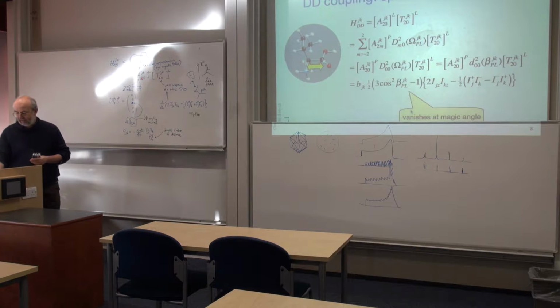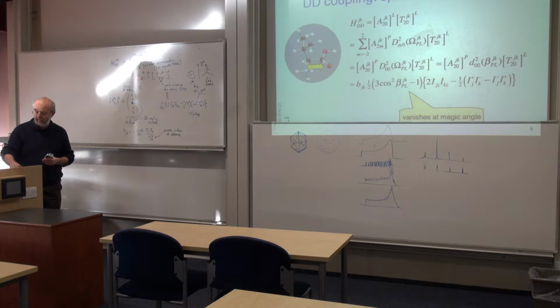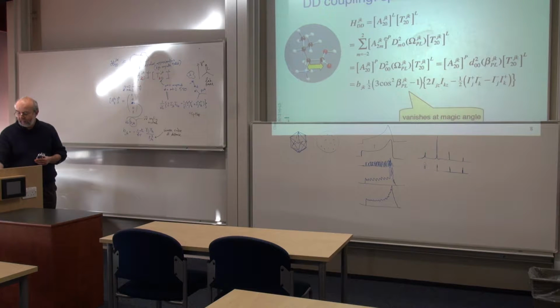Which maybe looks pretty nasty, but let's just unpick it. So we have the space part in the lab frame, the spin part in the lab frame. But we know the spin space part in the principal axis frame. So we need to multiply it by a Wigner matrix, which goes from the principal axis to the lab frame.